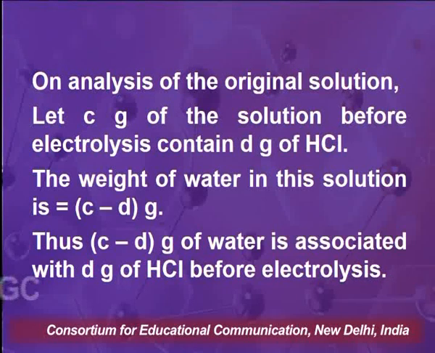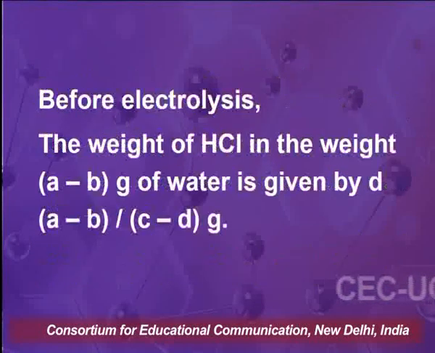On the analysis of original solution, that is before electrolysis, let C grams of the solution contain D gram of HCl. The weight of water in this solution is C minus D grams, and thus C minus D grams of water is associated with D grams of HCl before electrolysis.